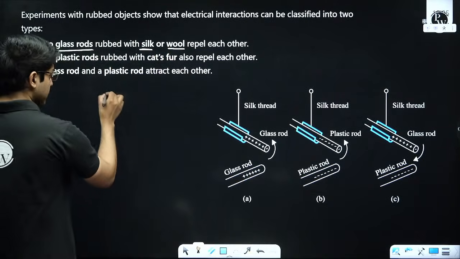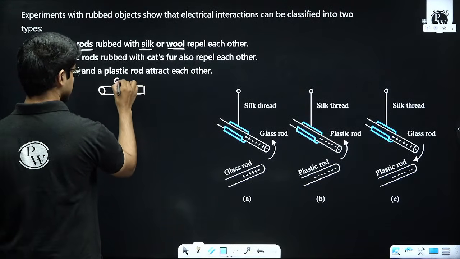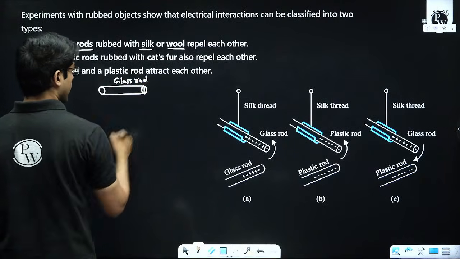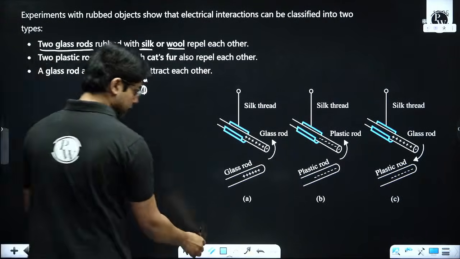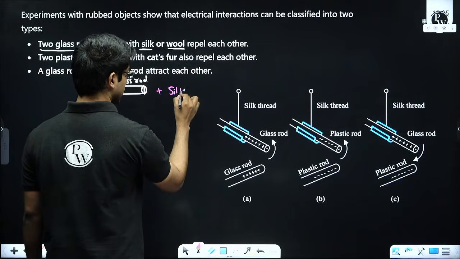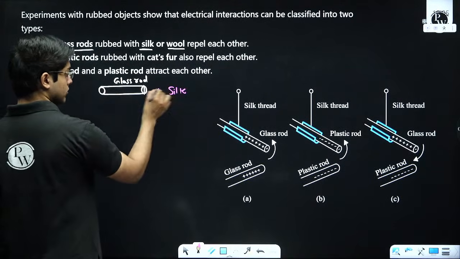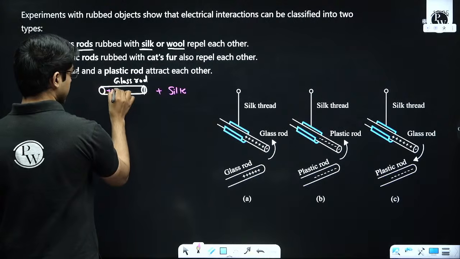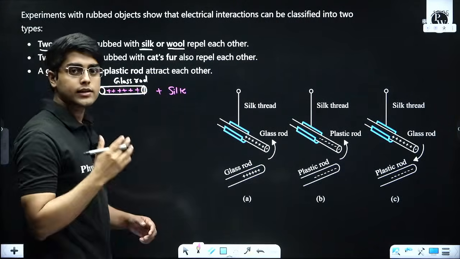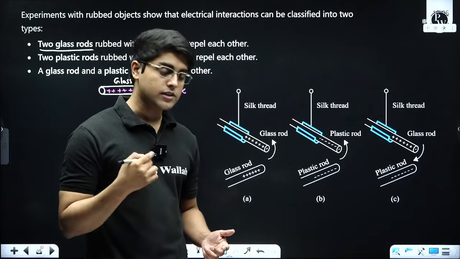When you rub the glass rod with the silk cloth, the glass ends up losing its electrons to silk, and as a result the glass rod becomes positively charged.